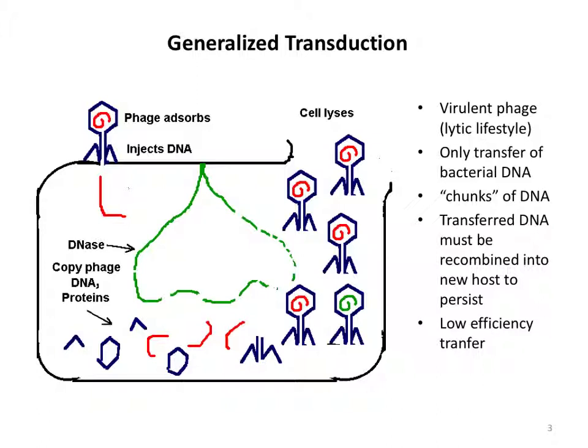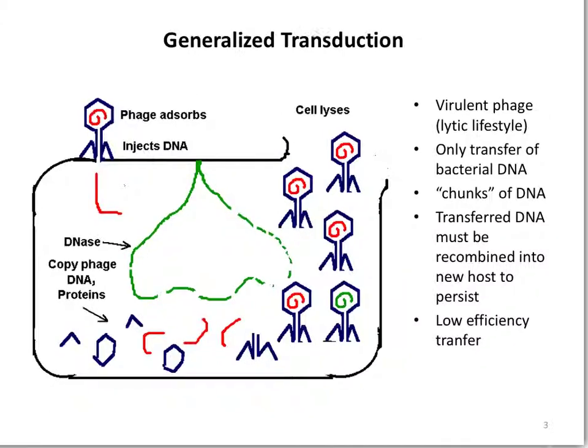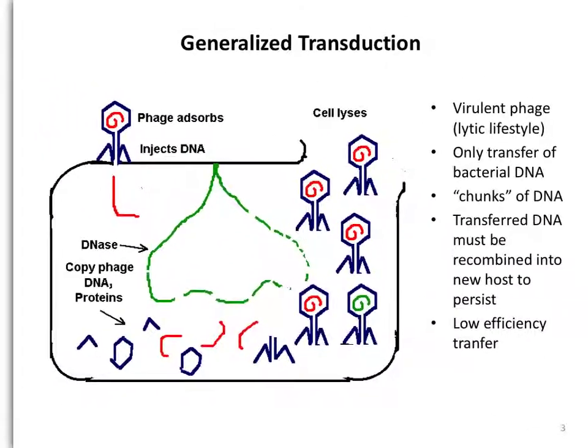Generalized transduction involves only those phage that are acting in a virulent or lytic manner, okay? Which essentially can be all phage. It's just that in the temperate phage, they only do that once in a while, but while they're doing lysis, then generalized transduction can occur.